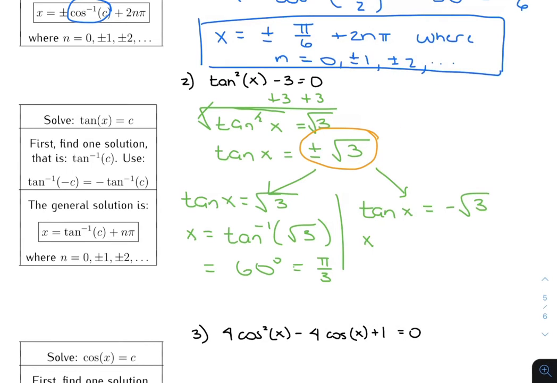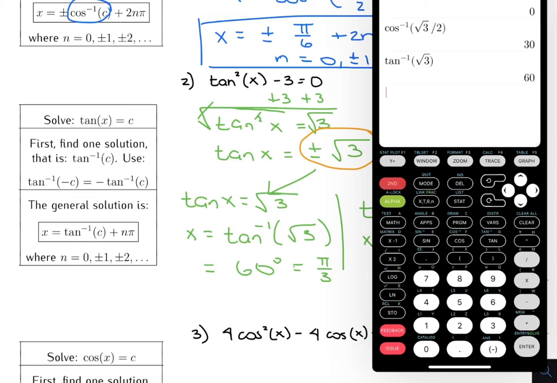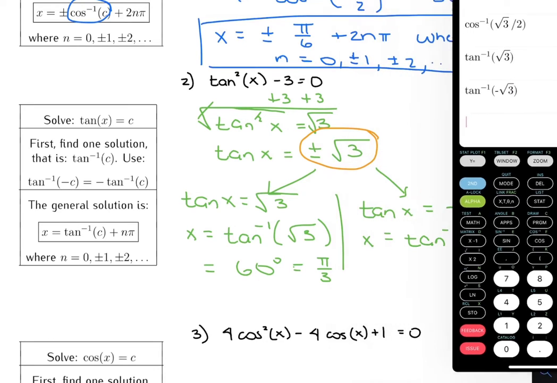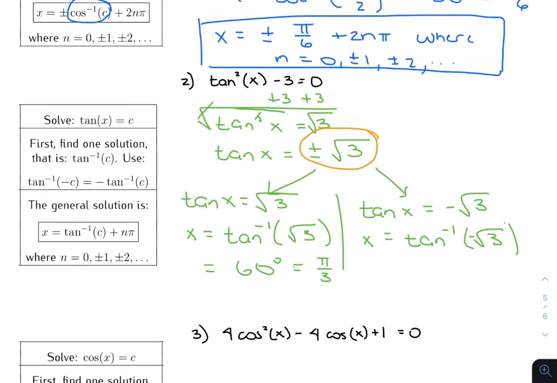So we have that for our solution. And on this side, we have that x is equal to tangent inverse of negative square root of 3. We can just plug this in again. So second tangent, negative square root of 3. And that gives us negative 60. So this is going to be equal to negative 60, which is the same thing as negative pi over 3.